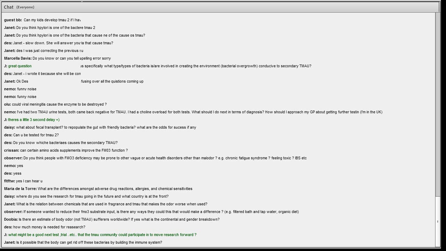Sorry, Observer is wondering if someone wanted to reduce their FMO3 substrate input, is there any way they could do this that would make a difference?